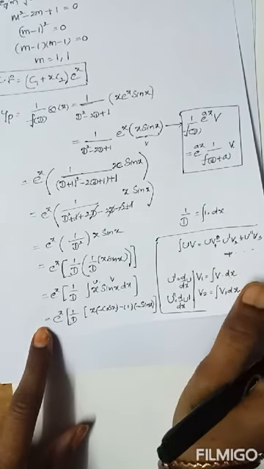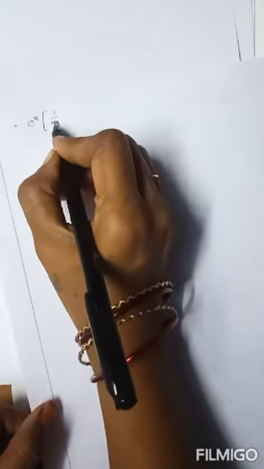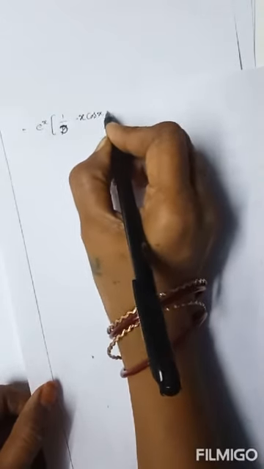So e power x into 1 by d into x cos x minus, here minus of x cos x plus sin x.